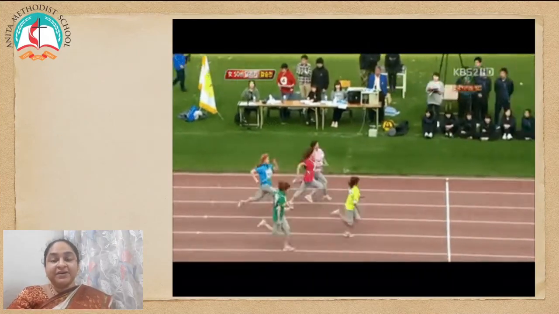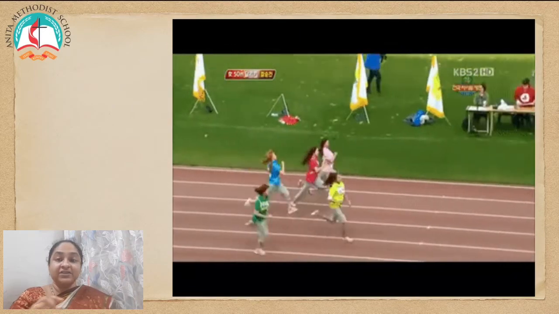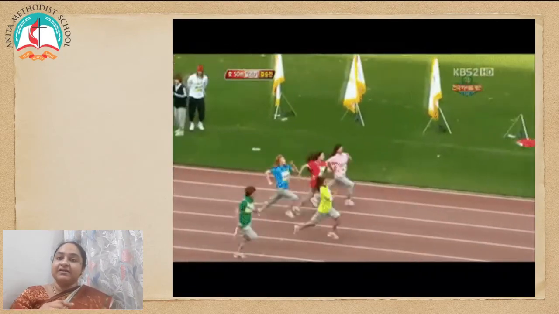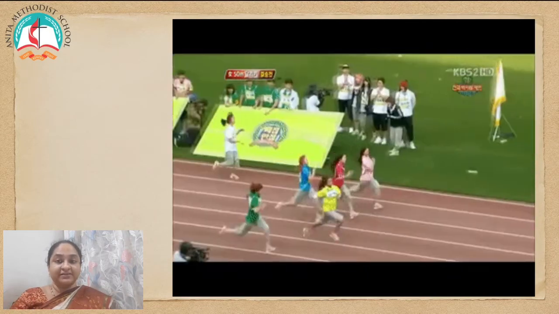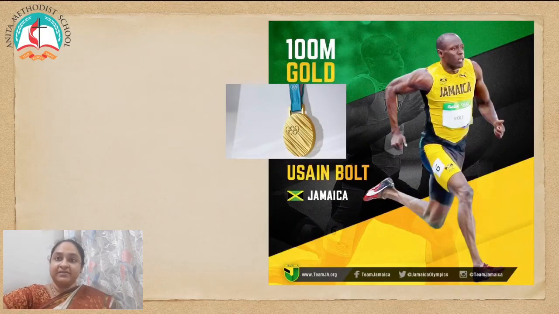Do you remember our games teachers using a stopwatch to calculate the time you took to complete the 100-meter dash in the sports week? Yes. You see here, who is this? This is Usain Bolt.